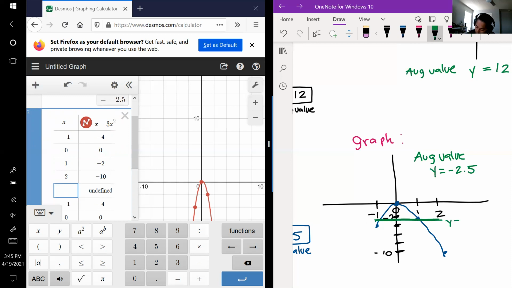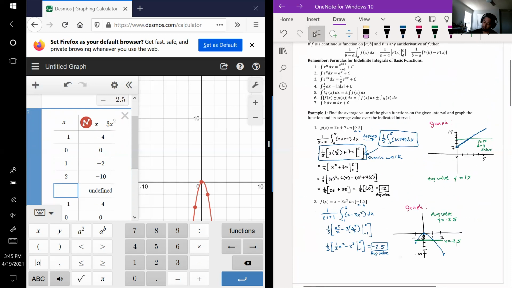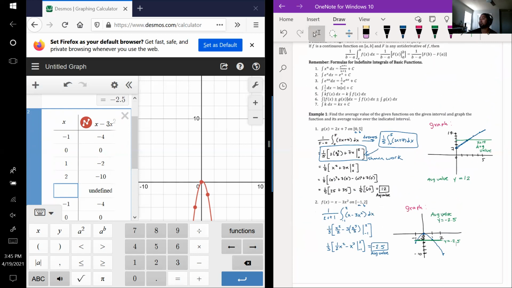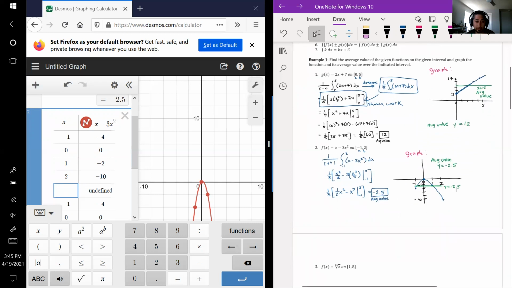So that is y equals -2.5. Okay, there we go. Any questions on that first page? Now that Desmos has made life easy, right? Yes, sir. Okay, let's keep going then.